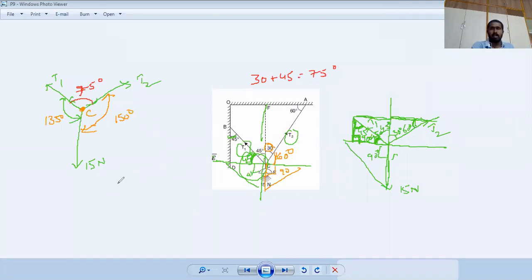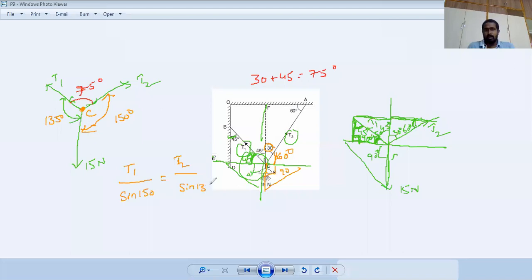Ganesh, Divakar, tell me. T1 divided by how much? sin 150. Super. sin 150 is equal to T2 divided by sin 135.